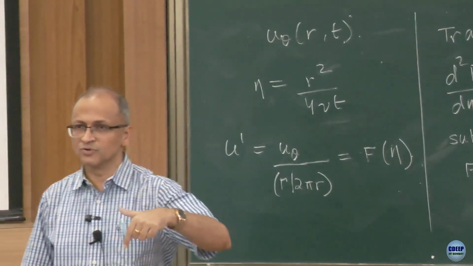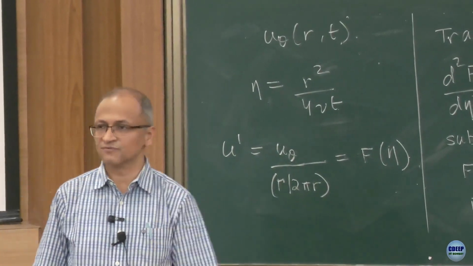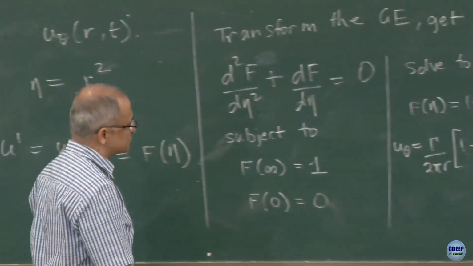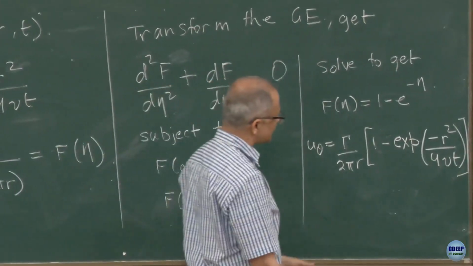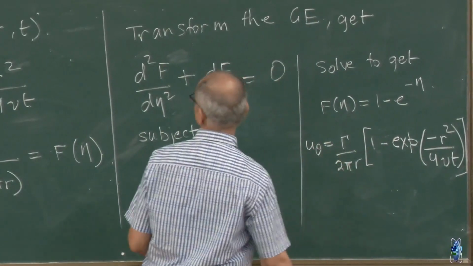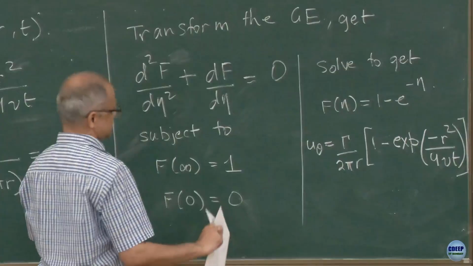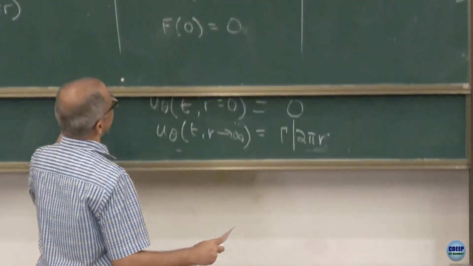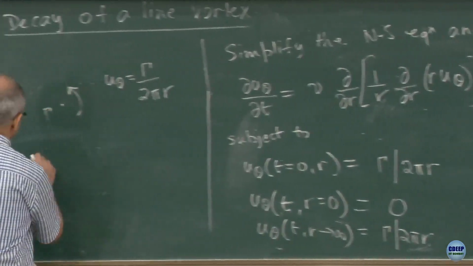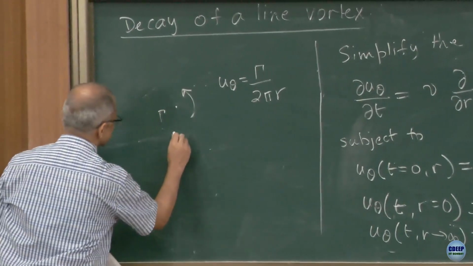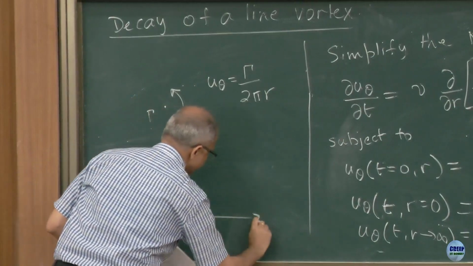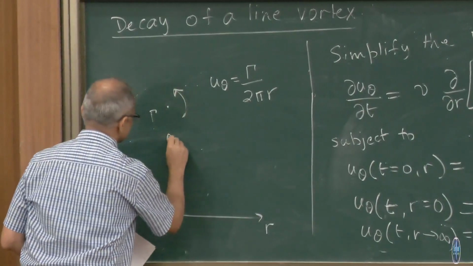So if I stop the vortex, after some time, everything will stop. Which is what this is telling me. And of course, in between, what happens is what you can find out. If you were to plot, for this vortex, this is my r, this is my u theta.